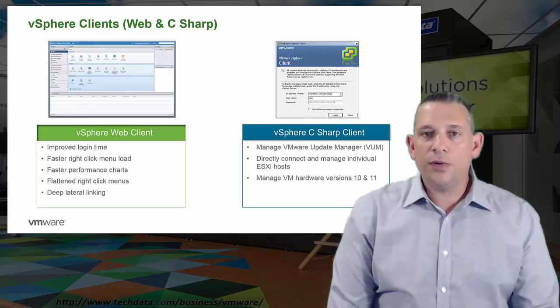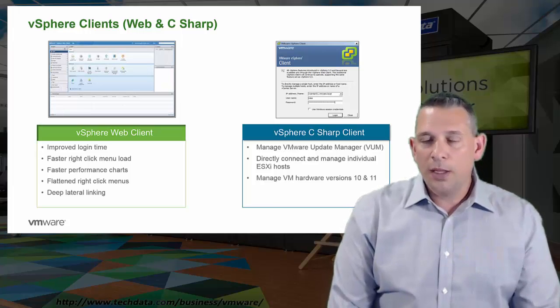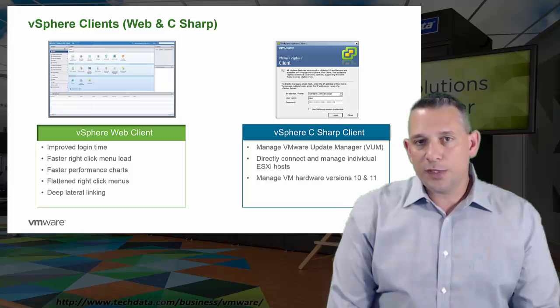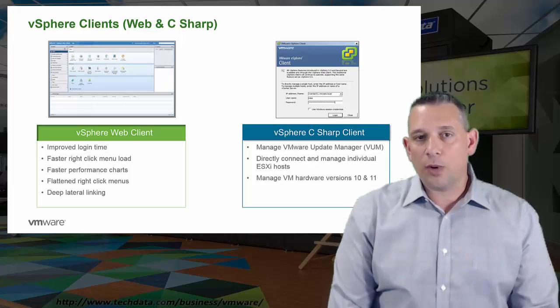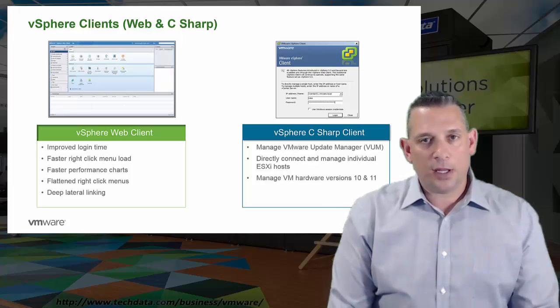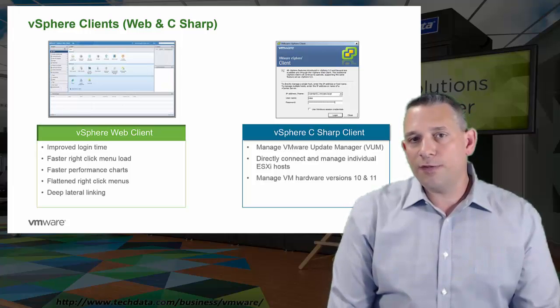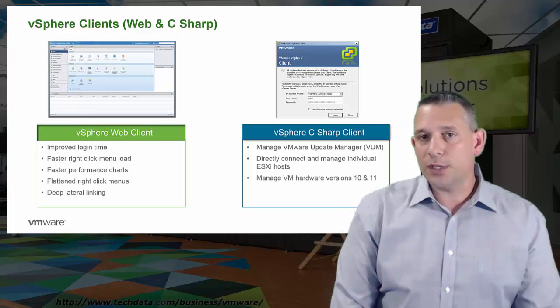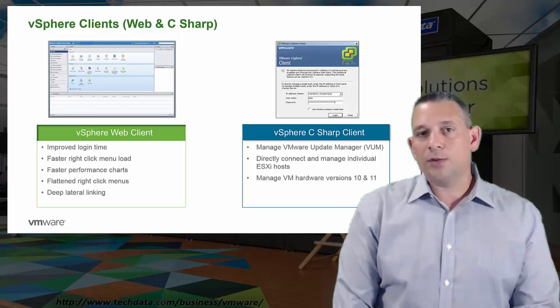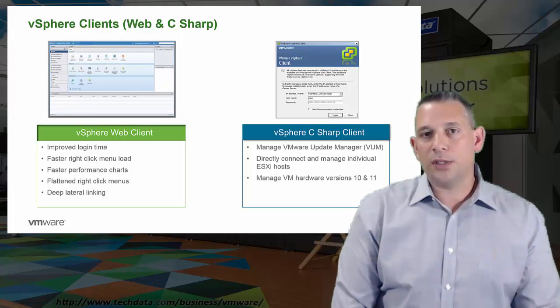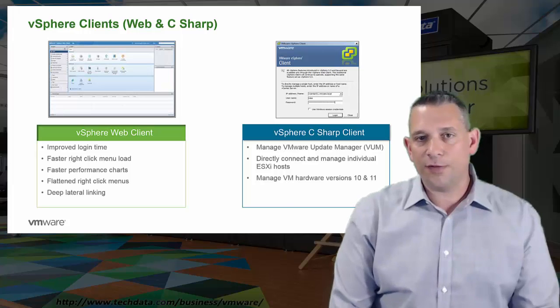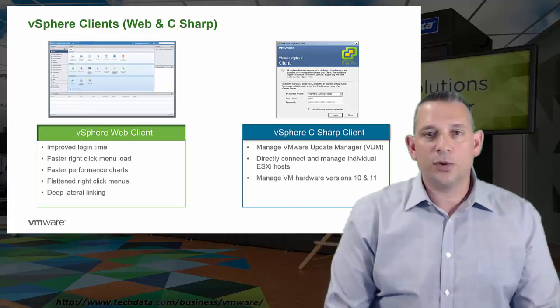However, with the new vSphere 6 web client, we have done a lot of improvements under the covers and have helped with that performance. We've changed the user interface a little bit, where we have dockable menus, as well as, again, a lot of performance improvements. So no matter what you're doing within that web interface, there has been a lot of performance increases. Your vSphere admins will definitely notice a performance increase, and when they're clicking through the interface, things are actually happening much quicker now.